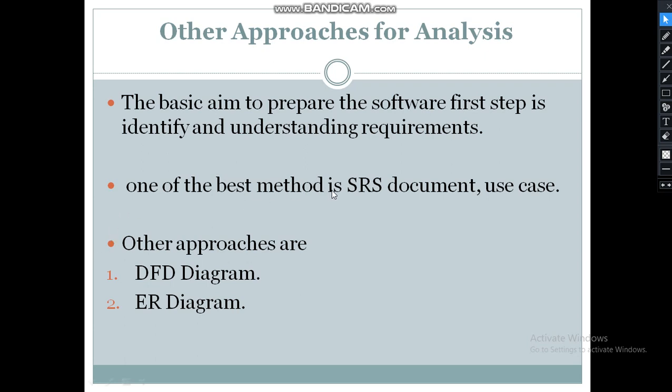One of the best methods is the SRS document, the software requirement specification document. Another method is the use case diagram. The SRS document is a text oriented method and use case is a graphical oriented method.